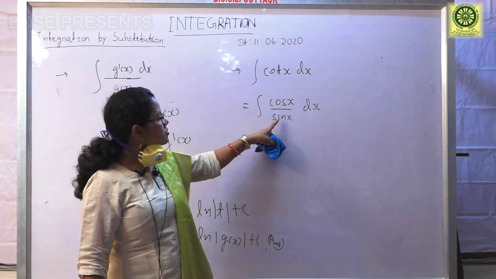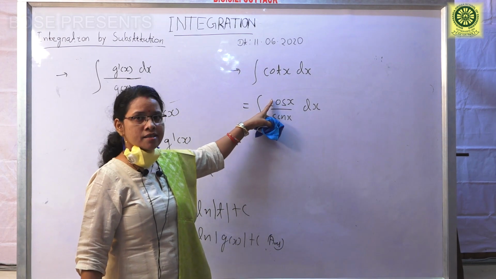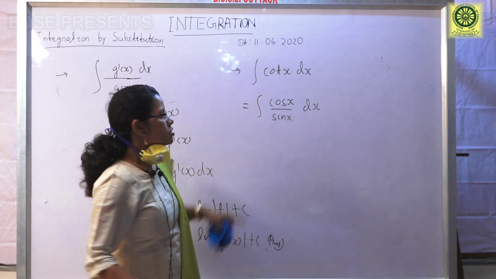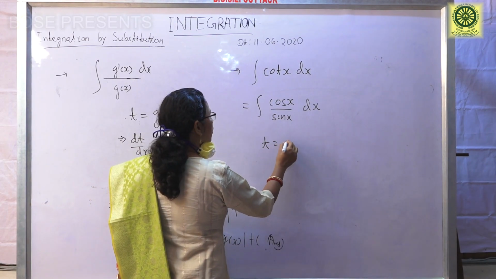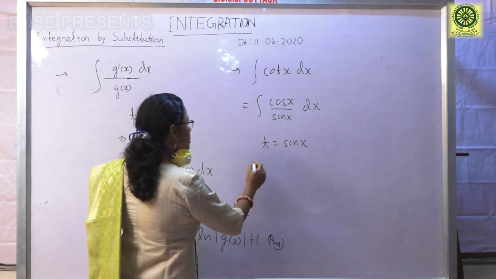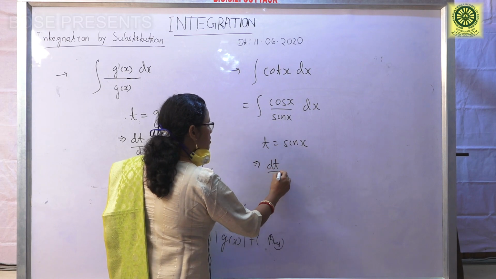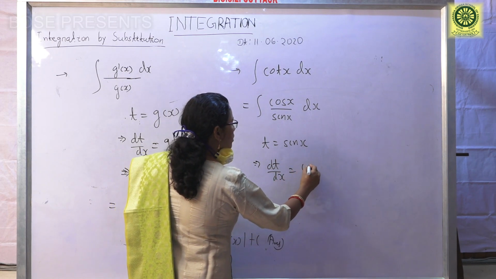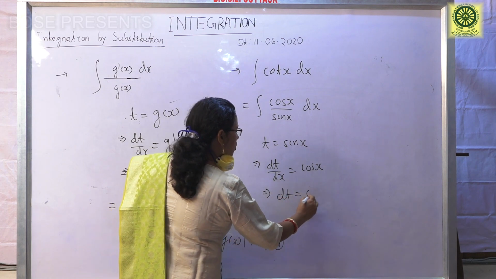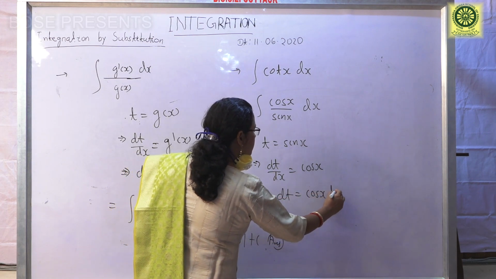Then the derivative of sin x is cos x, that is, the derivative of the denominator is in the numerator. So just substitute t for the denominator function, that is sin x. Then differentiating both sides with respect to x, you have cos x. That implies dt is equal to cos x dx.